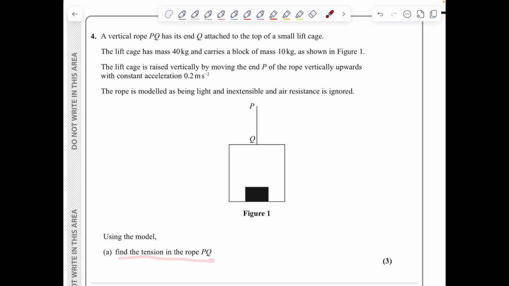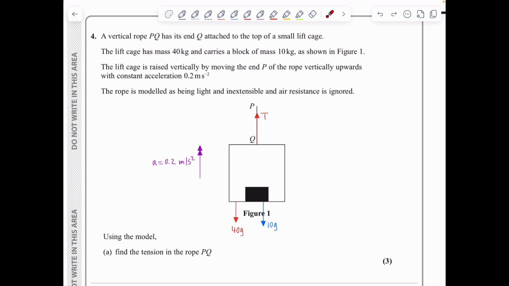Now the first thing to do is obviously add all the forces acting here. We've got the tension in the rope pointing upwards. We've got the weight of the lift itself, it's 40g, and the weight of the block, which is 10g. Now this is accelerating upwards with an acceleration of 0.2 meters per square second. So I'll be considering these all together.